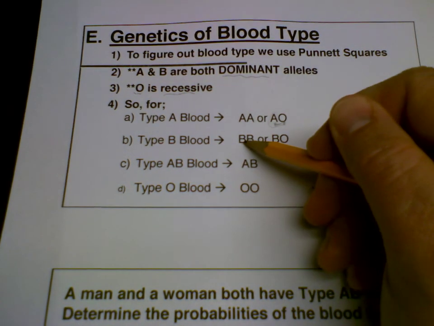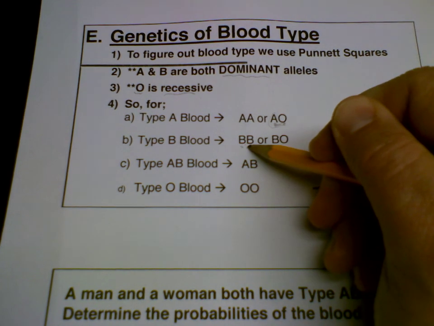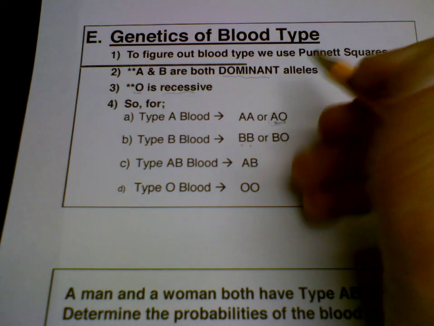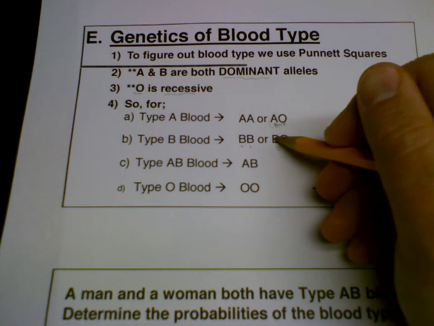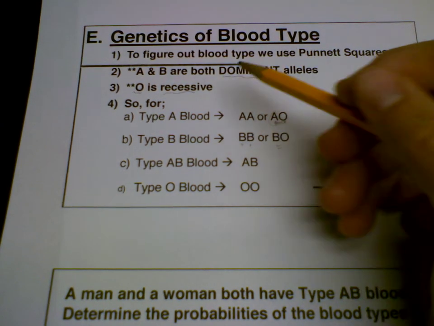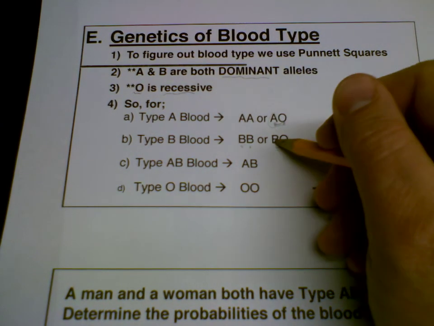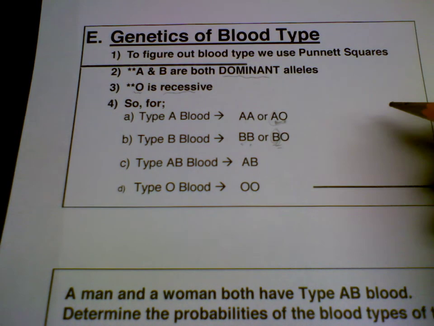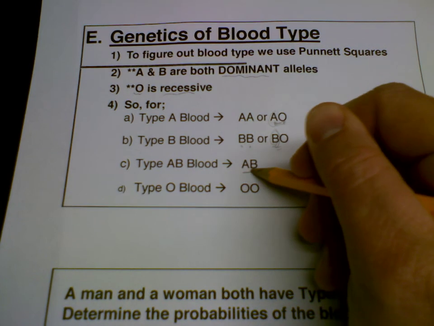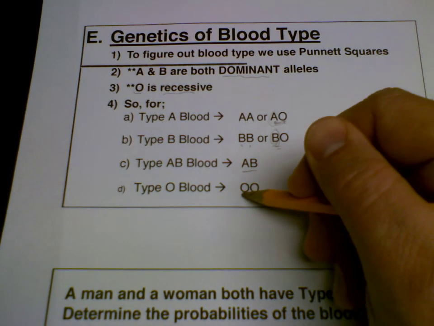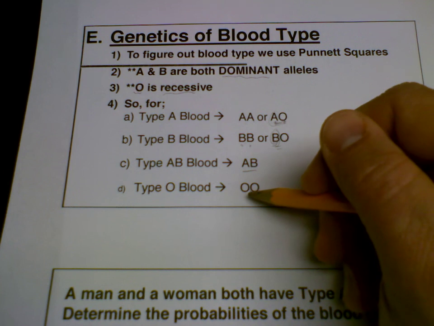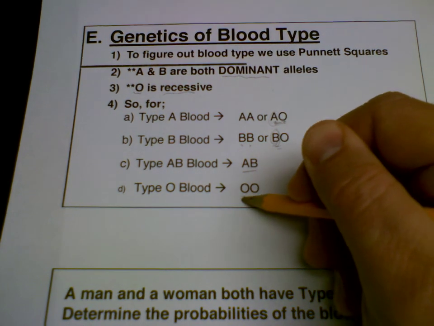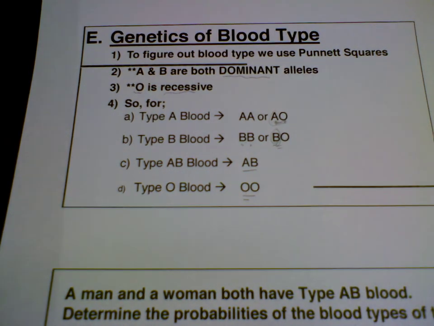Type B blood, you need either 2 B alleles or BO. And again, B is dominant, O is recessive. So if these two combined, your blood would show the dominant allele. For AB, A and B combined, and the only way that you can have type O blood is to have O and O match up.